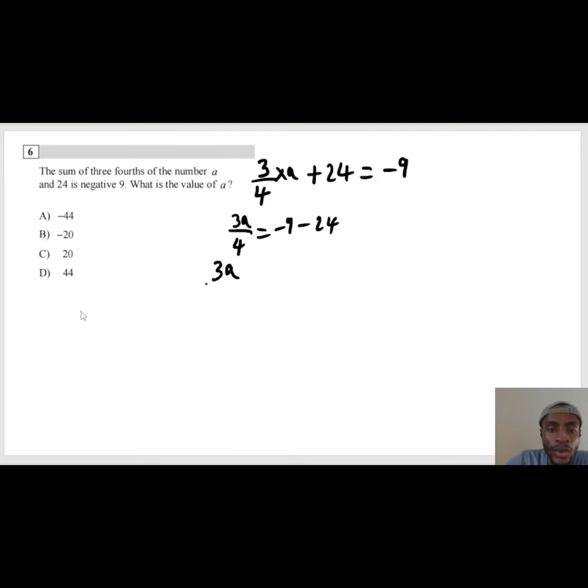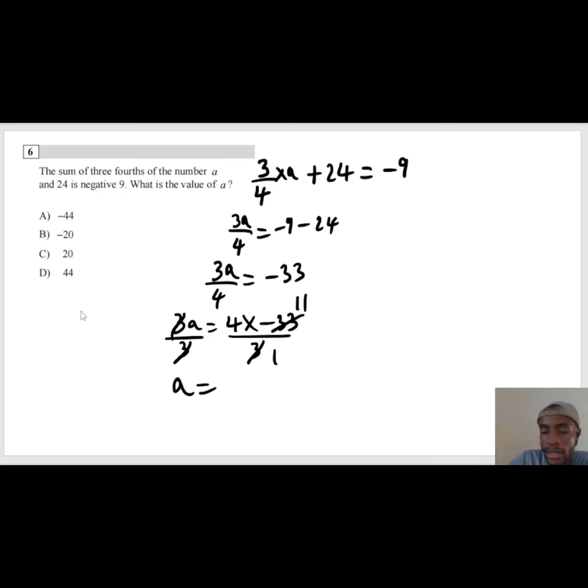So 3a over 4 is equal to -33. So 3a is what? 4 times minus 33. Divide both sides by 3. So a is equal to what now? 3 here 1, 3 here 11. What's 4 times minus 11? That's minus 44. And that's what? Option A.